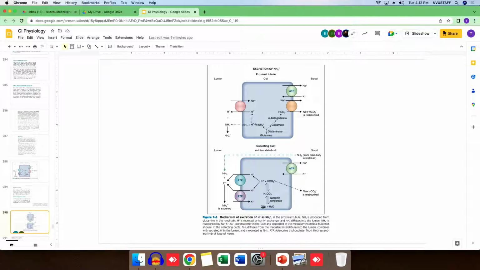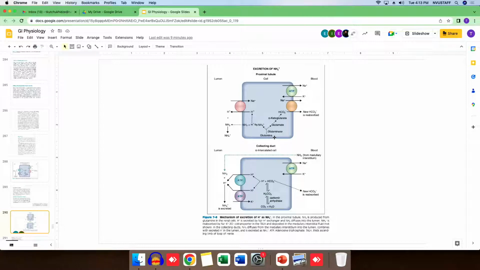And NH4 with water removes its proton, and we get NH3. NH3 goes out by diffusion, and protons go out through the lumen with the proton sodium pump, and in the lumen the proton and NH3 combine together and we get NH4. Got it? Okay.